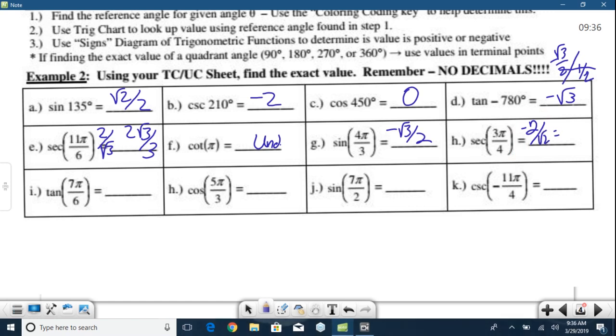Negative 2 over radical 2, so the 2's cancel out. Negative radical 2.